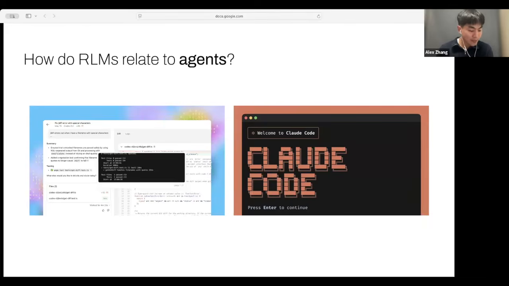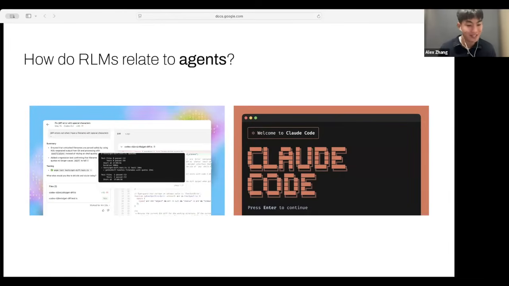But one of the bigger differences is that these agents are designed for navigating the type of context that relates to code. If you pitch that all problems can be viewed in this way, then in some sense, yes, these systems are a very specialized instantiation of the RLM abstraction.